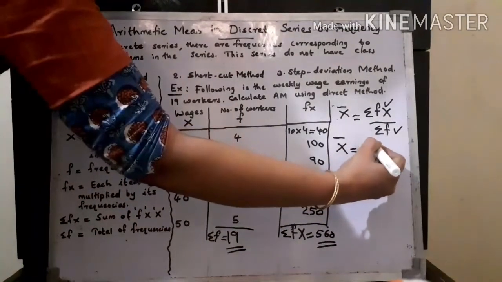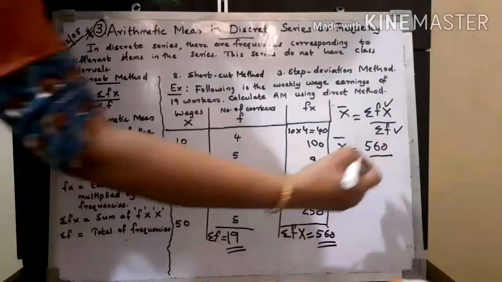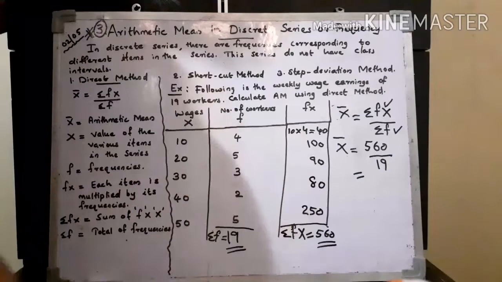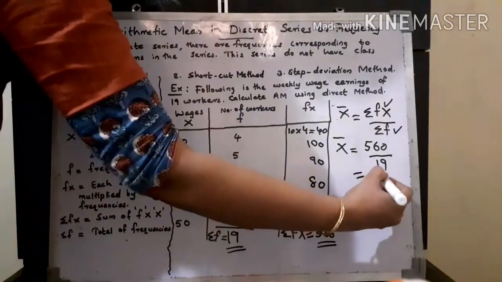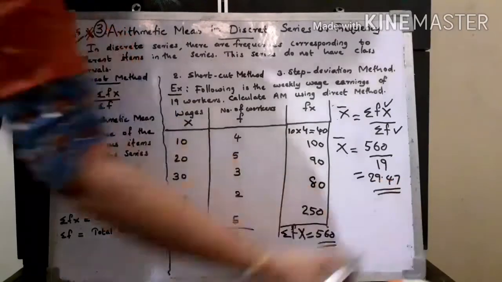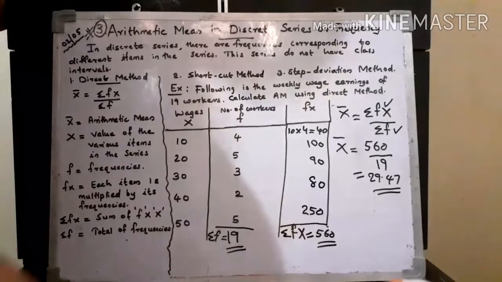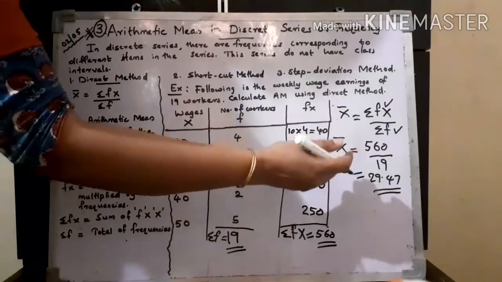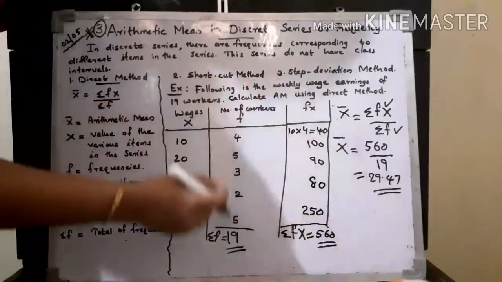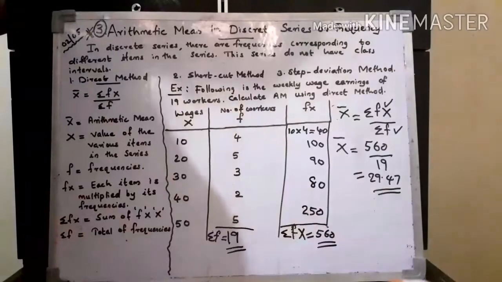You put these values in this equation: 560 divided by sigma f 19, which is 29.47. 29.47 is the mean wage earnings of the 19 workers. The average wage earnings of these 19 workers is equal to 29.47.